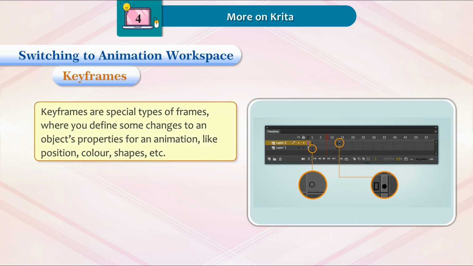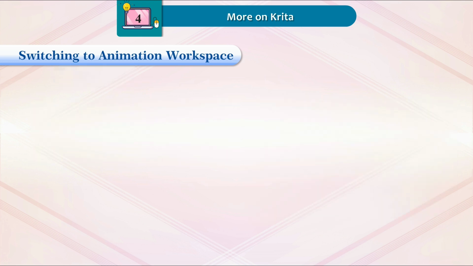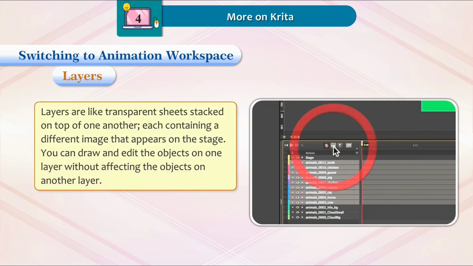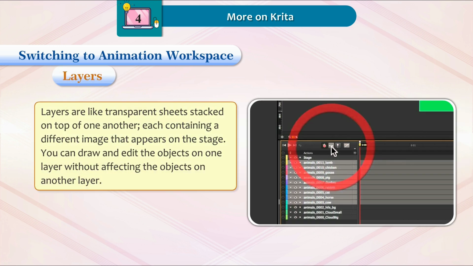Keyframes. Keyframes are special types of frames where you define some changes to an object's properties for an animation, like position, color, shapes, etc. Layers. Layers are like transparent sheets stacked on top of one another, each containing a different image that appears on the stage. You can draw and edit the objects on one layer without affecting the objects on another layer.